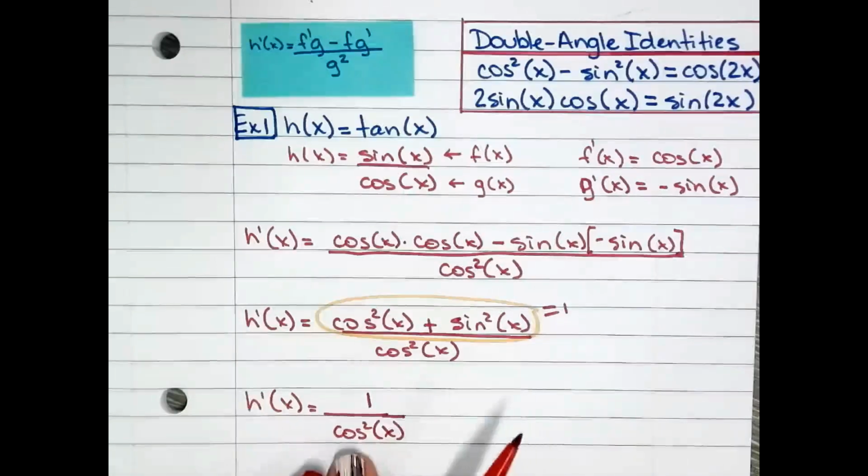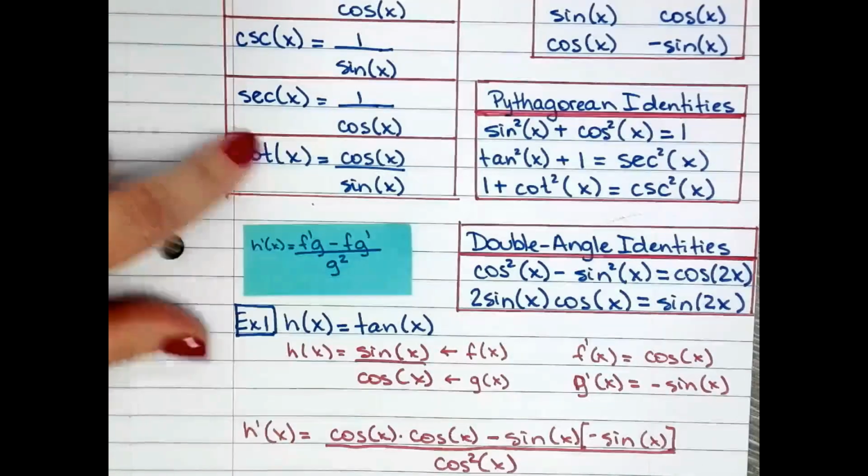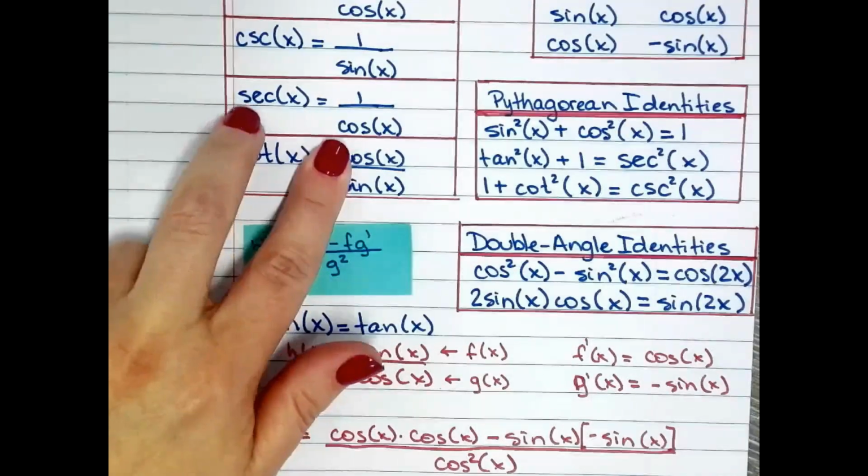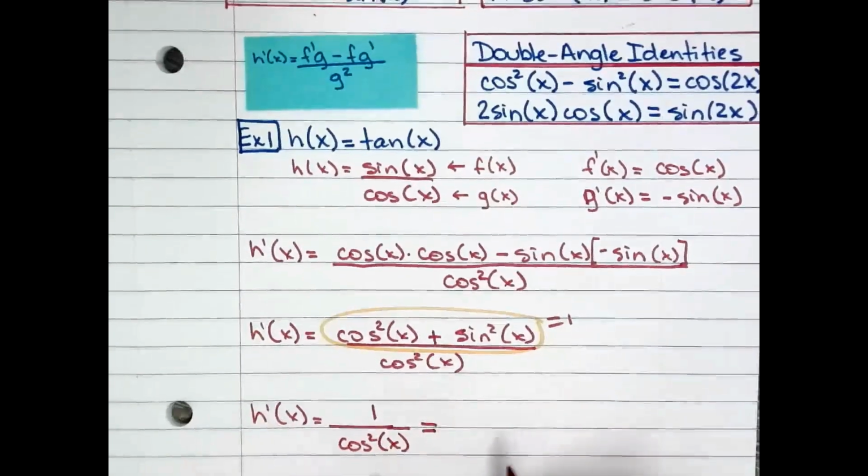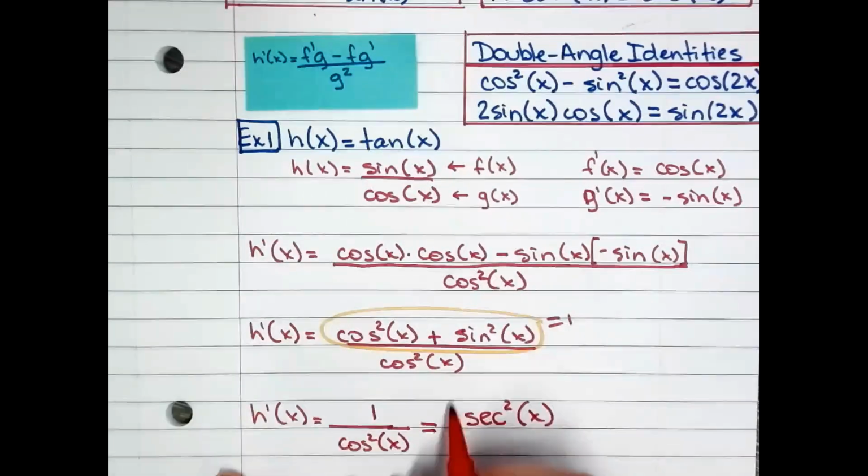But now I also know the reciprocal of cosine is secant. So I will simplify this as secant squared of x.